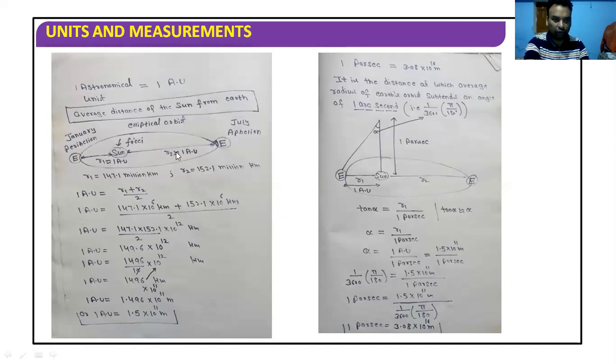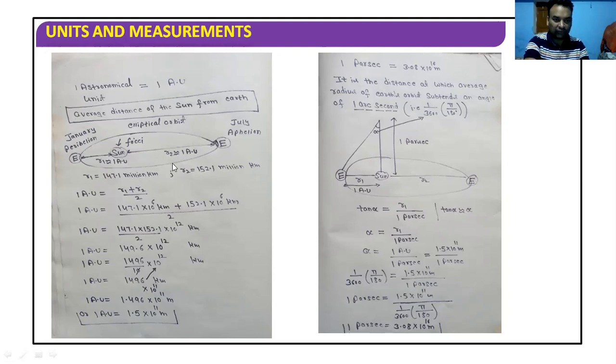Earth is revolving around the sun. This is an ellipse, and this is the semi-major axis of the ellipse. Sun is not exactly at the center of the ellipse. Sun is at the focus of the ellipse.